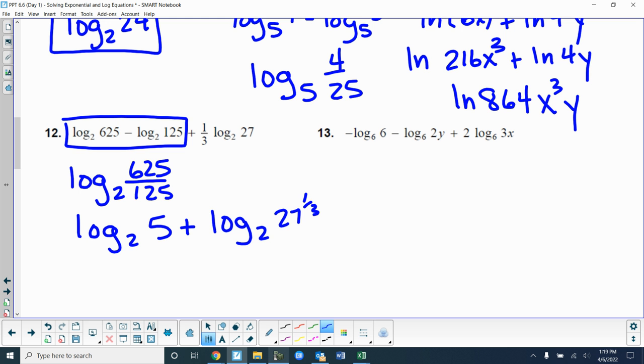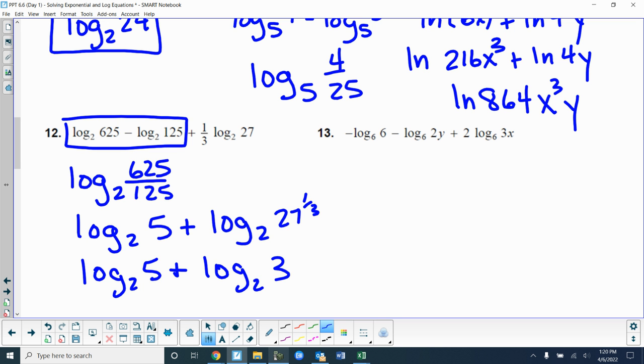What is 27 to the 1/3? 9. No. 3. 3, yeah. The cube root, that's what it means, right? 1/3 means cube root. Cube root of 27 is 3. So this is log base 2 of 5 plus log base 2 of 3.